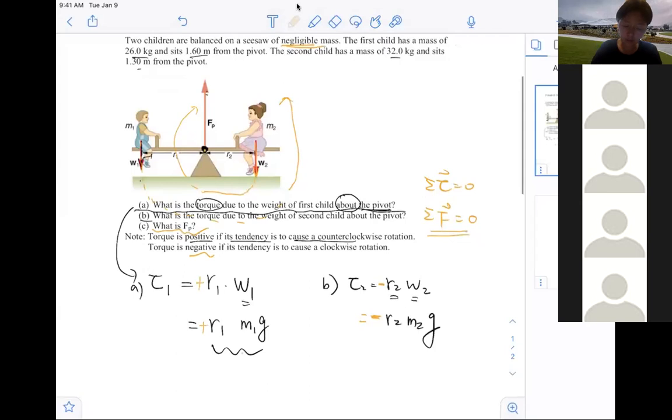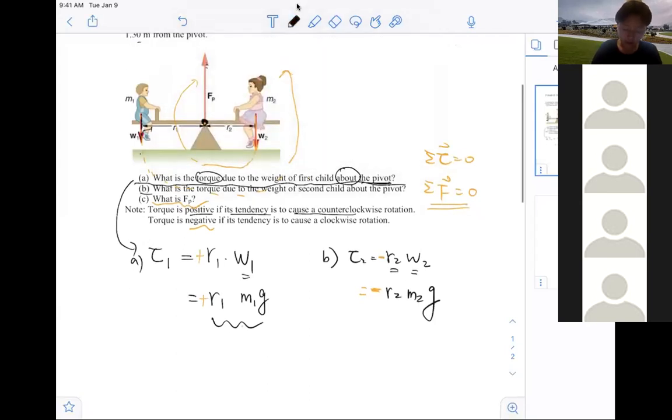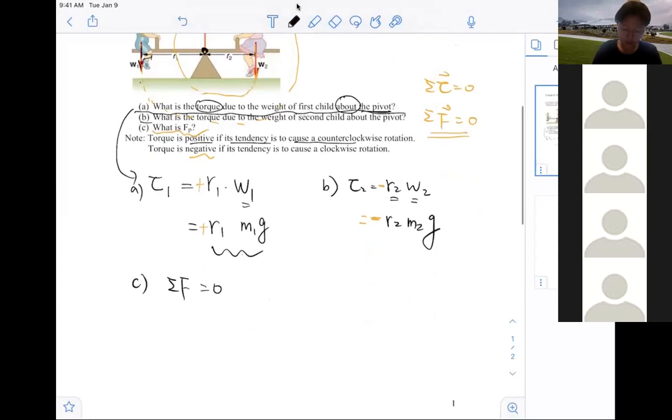So if you set up your second equation for part C, you can see that FP is pointing upward, right? But the weight of the first child and the weight of the second child point downward. So if you add all the forces together, they should be 0.